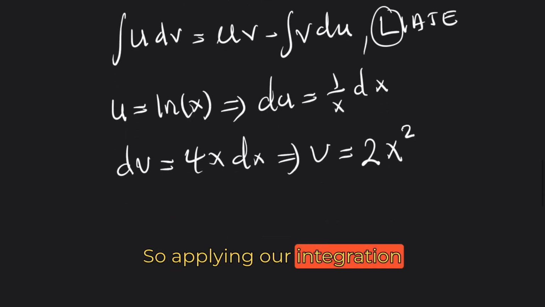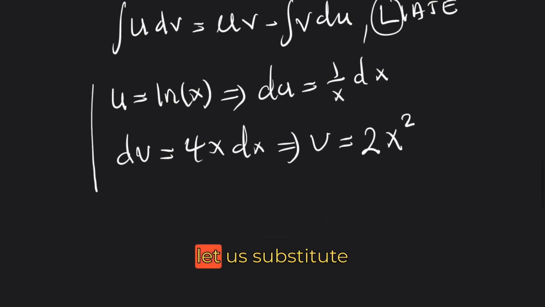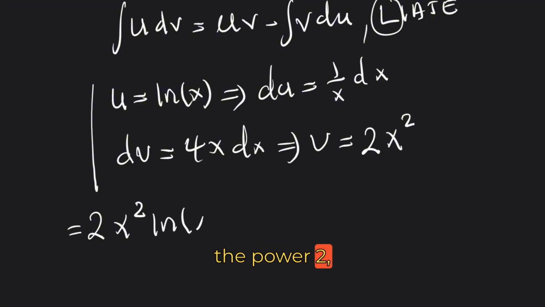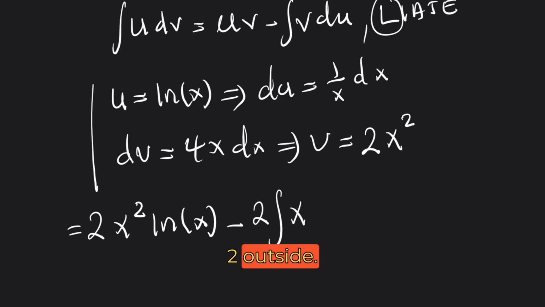So applying our integration by parts formula, let us substitute our u, right? So this becomes a 2 outside, then x to the power 2 natural log of x, then minus the integral of v. V is 2x squared, so I can write the 2 outside.